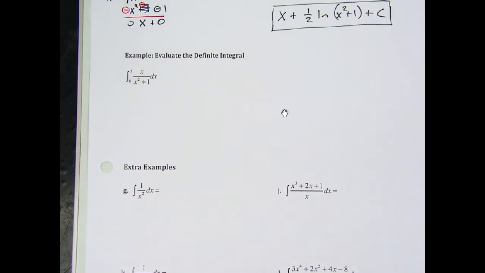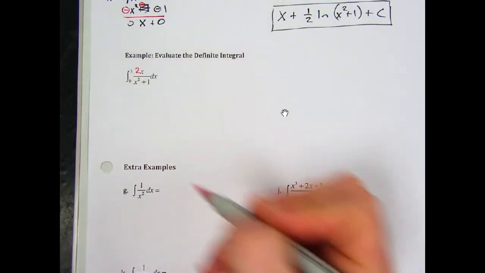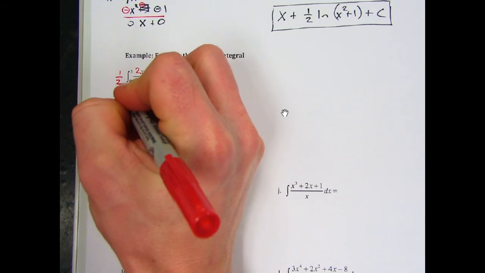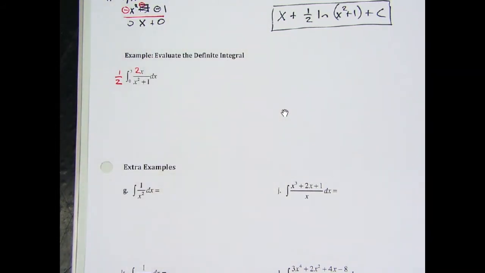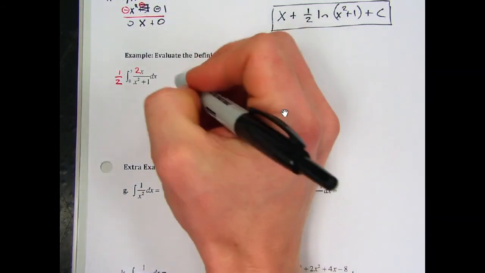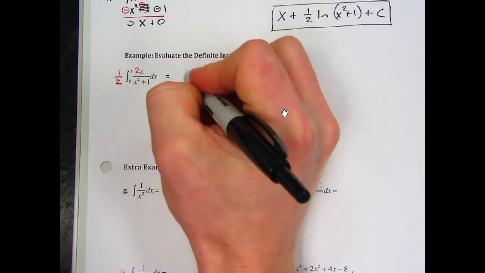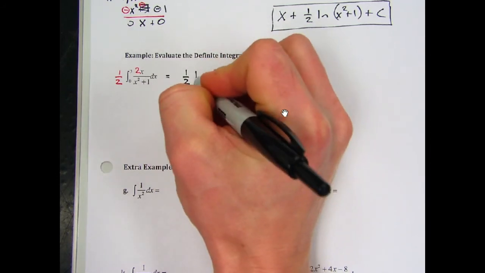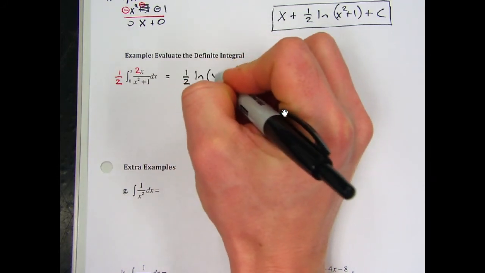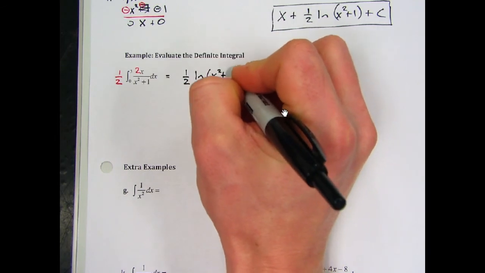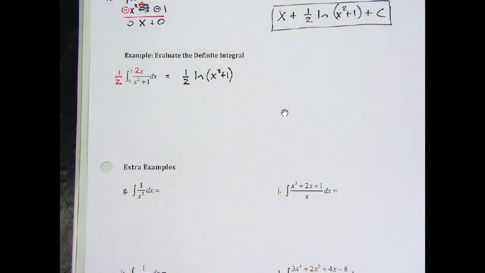And then the outside by 1/2. And now we have 1/2 natural log of x squared plus 1. Notice we don't need to use absolute value because it's x squared plus 1.